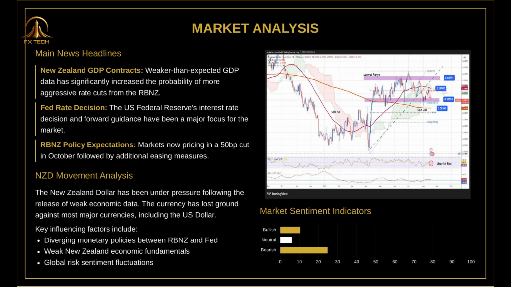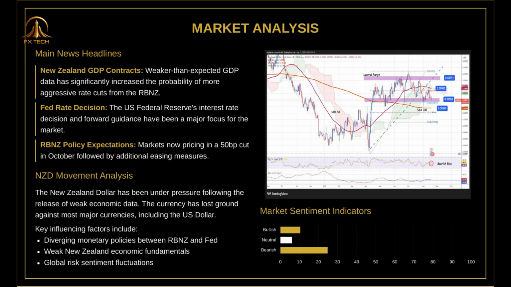Looking at the New Zealand dollar's movement analysis, we can see that it has been under consistent pressure following these weak economic releases. The currency has lost ground against most major currencies, not just the US dollar, reflecting broader concerns about New Zealand's economic outlook. The key influencing factors for this pair include the diverging monetary policies between the RBNZ and the Fed, weak New Zealand economic fundamentals, and fluctuations in global risk sentiment.